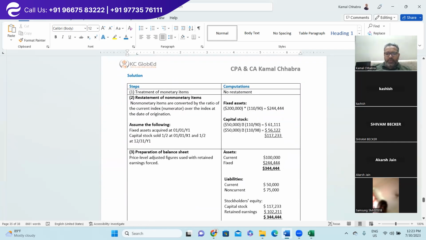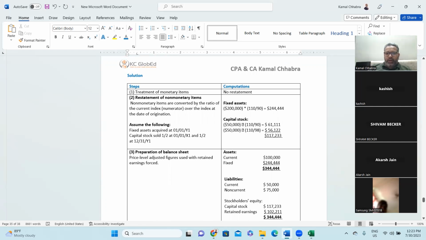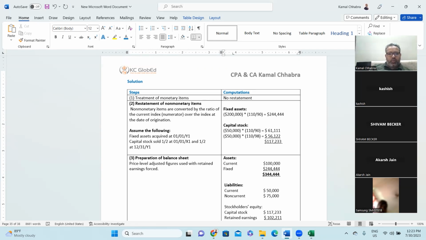So which is your fixed assets with value at 2, 4 times, 5 times 4. And your stock will also go in the same fashion, $50,000 in year 1 and $56,000 in year 2, and the total is 117,233.